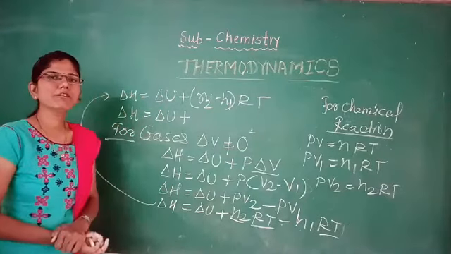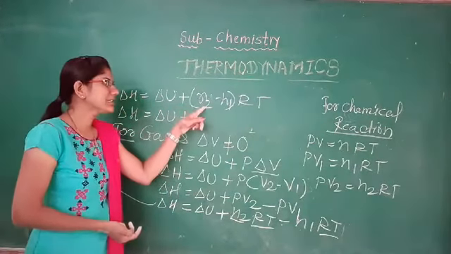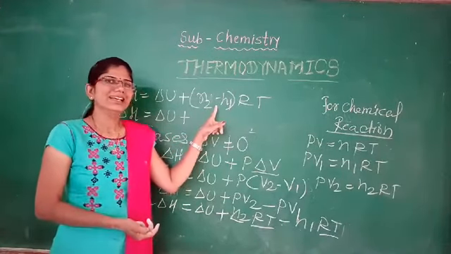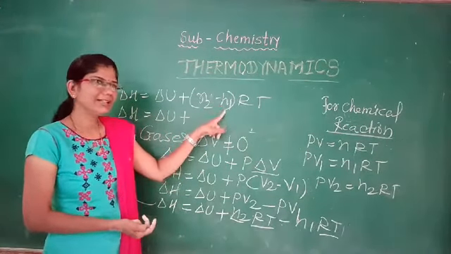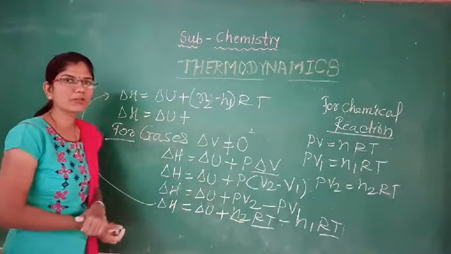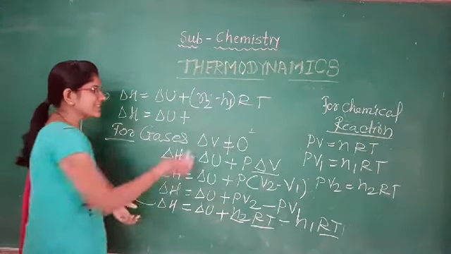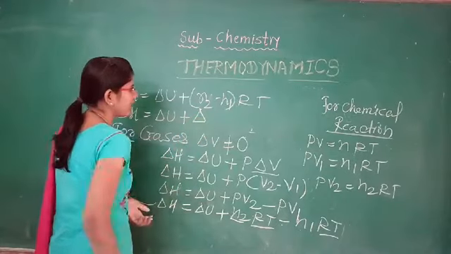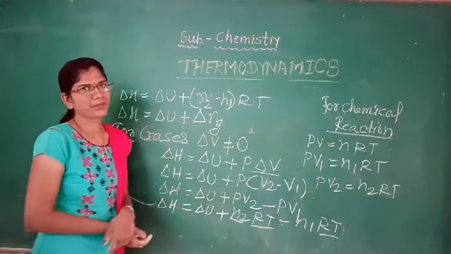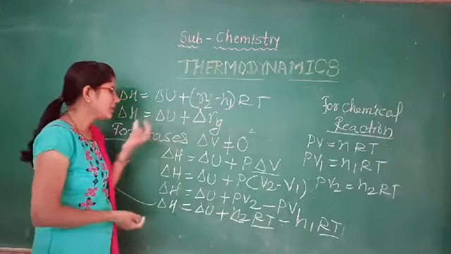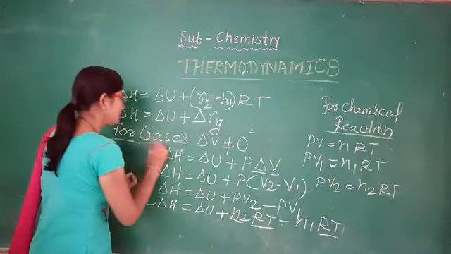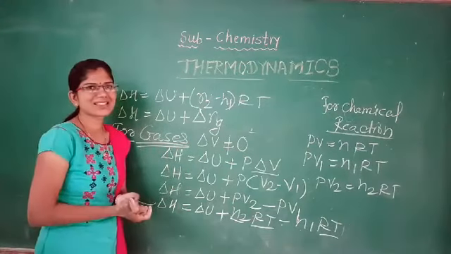N2 is the number of moles for the gaseous products, and N1 is the number of moles for the gaseous reactants, and therefore N2 minus N1 is the change in number of moles for the gaseous state. It can be written as delta N, but it is abbreviated as G, G for gases, because the relation between delta H and delta U changes only for the gaseous state.